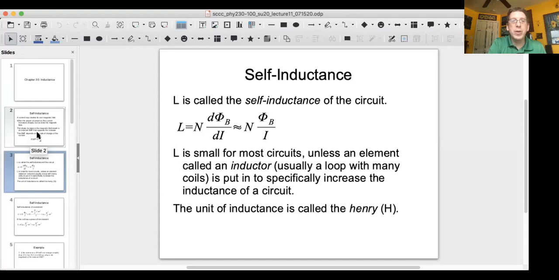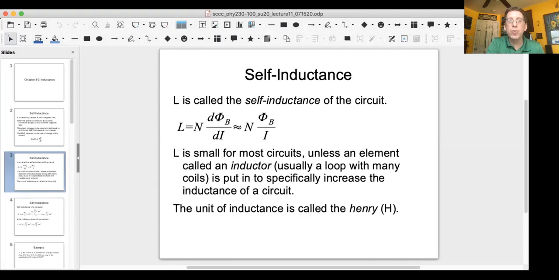And comparing the equation I just showed you, EMF equals L times di over dt, to Faraday's law of induction, you get that the self-inductance is equal to capital N, the total number of turns in the coil, times the derivative of the magnetic flux with respect to the current. That comes from the chain rule. In nearly every application, and certainly in every application we're going to be dealing with in an introductory level physics class, the magnetic flux is directly proportional to the current, that it varies linearly with the current.